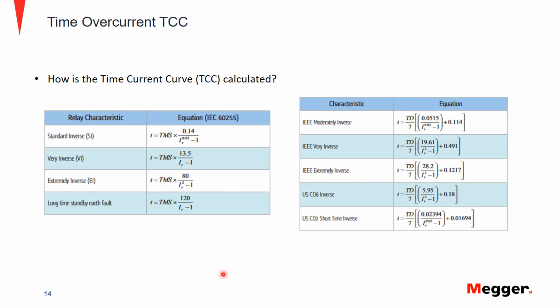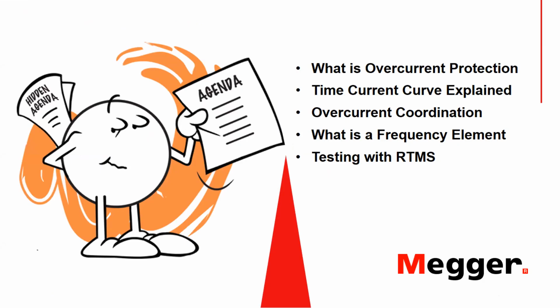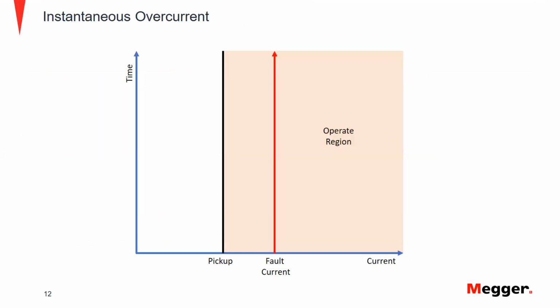The difference is TAP, the value of TAP is actually nothing but your pickup value for the overcurrent element or overvoltage or what kind of relay you're using. Whereas the PSM, which is the abbreviation for plug setting multiplier, is actually the ratio of the fault current to the pickup current of the relay. So there is a minor difference between the TAP and the PSM. So I hope I answered the question.